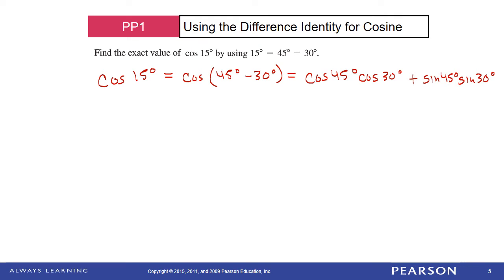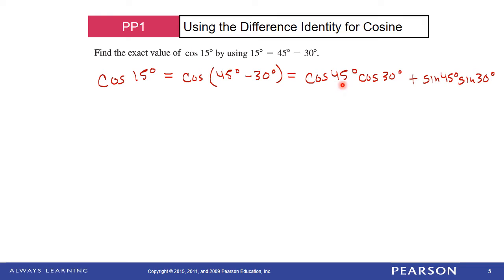I got cosine of 45 degrees times cosine of 30 plus, remember according to the formula, there's always a change in sign over here, sine of 45 degrees, sine of 30. All right, if you have not done so already, evaluate each of those, simplify, and you should be done.